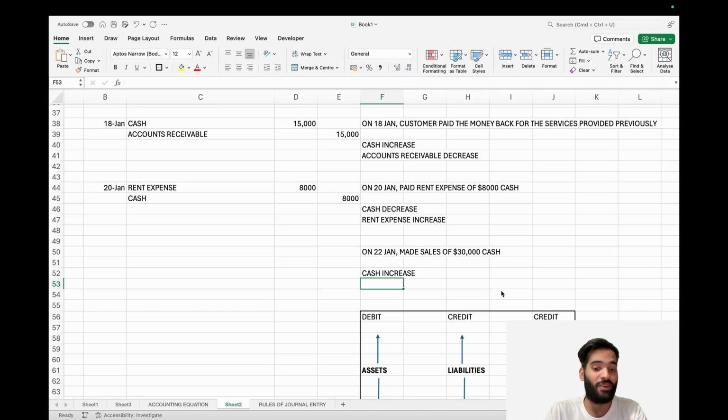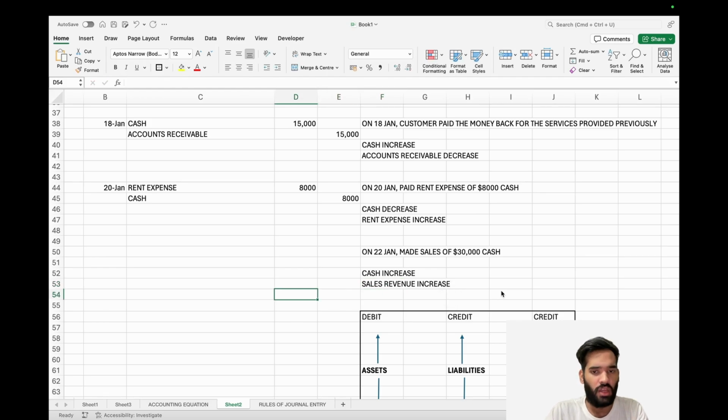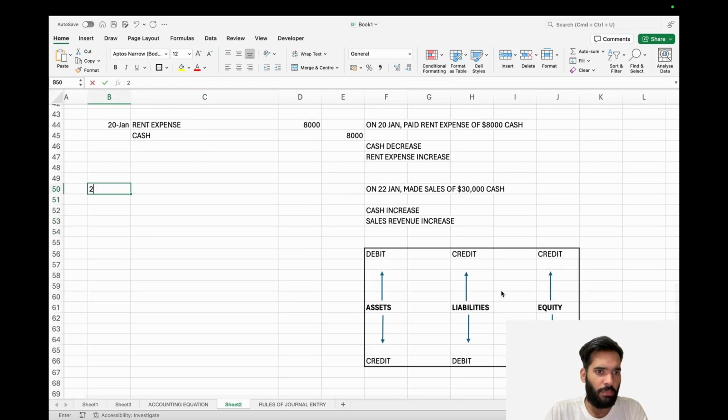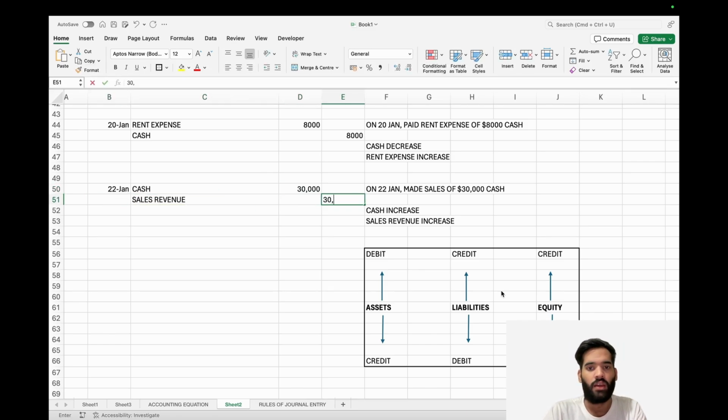But which revenue? We always specify, in this case, sales revenue will increase. So the entry will be again very logical, applying the rules. It will be cash debit and sales revenue credit, since it increases equity and equity increases on the credit side. Finished.